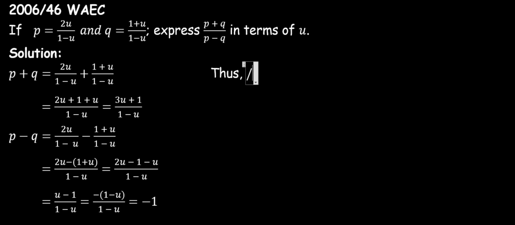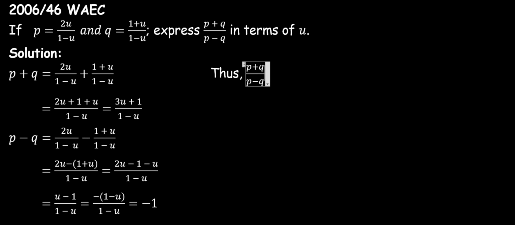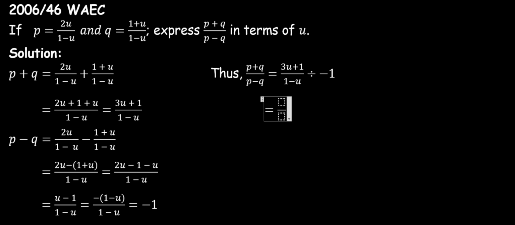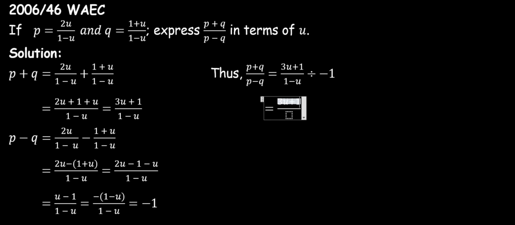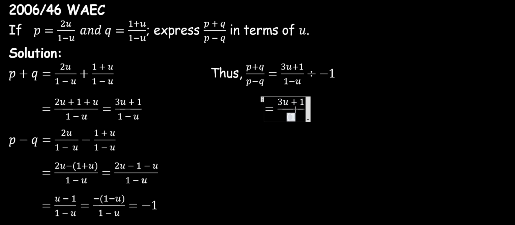Thus, P plus Q divided by P minus Q is the same as 3U plus 1 divided by 1 minus U, then with our division sign, by minus 1. We have just substituted the values we got from P plus Q and the one we got from P minus Q. Changing from division to multiplication, we have 3U plus 1 divided by 1 minus U times minus 1.